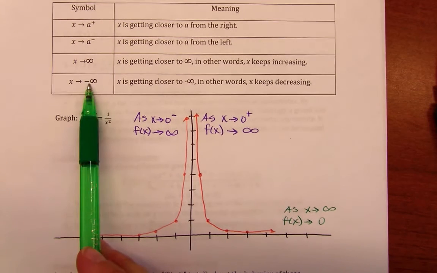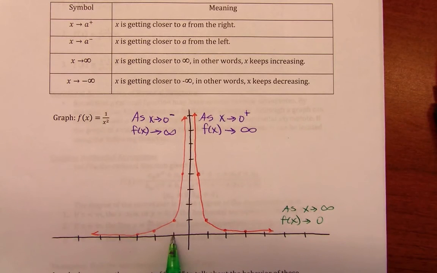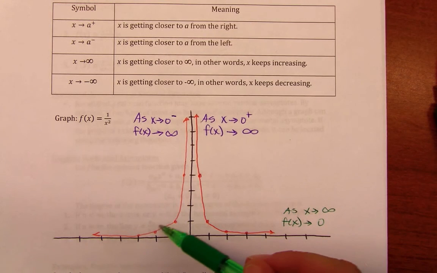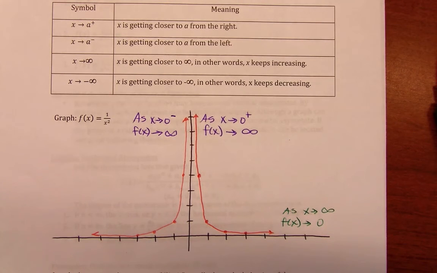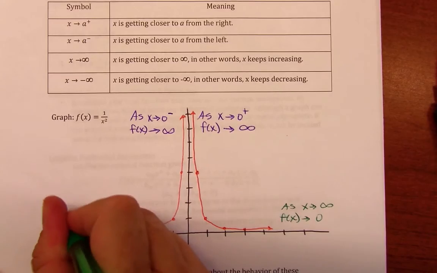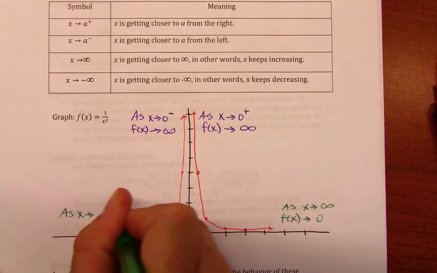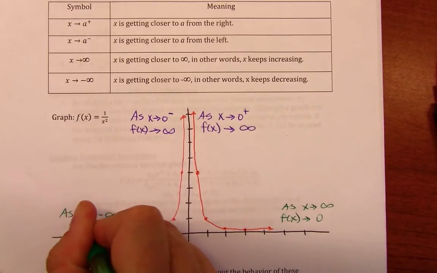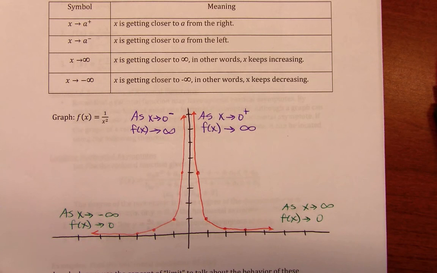And we can also say as x goes to negative infinity, getting further and further large negative values, my function is getting closer and closer to 0. Okay, so that's how we're describing what's happening here.